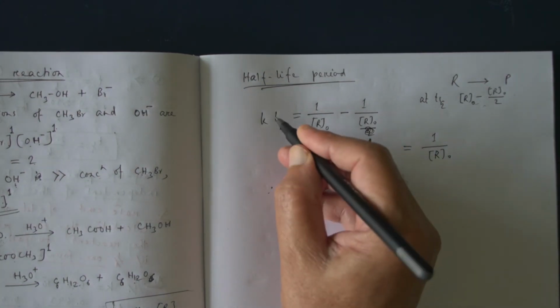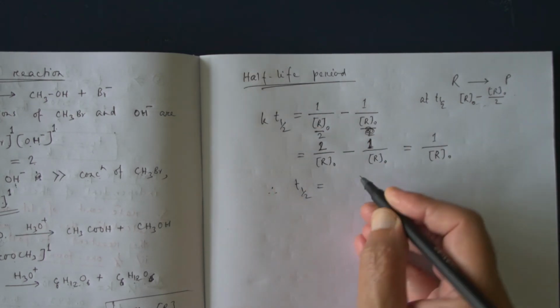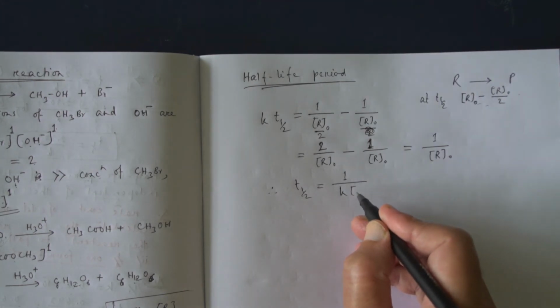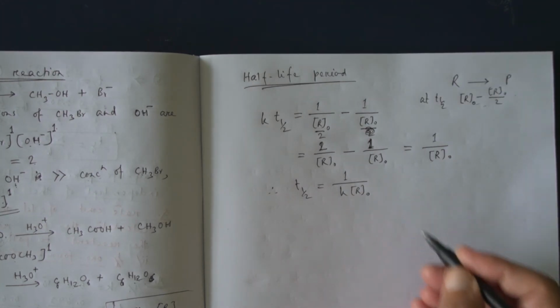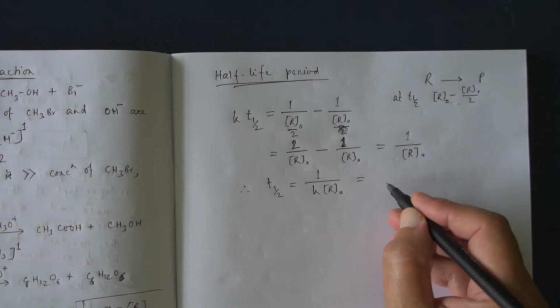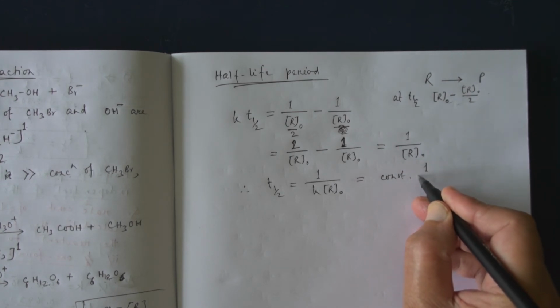Hence, T half becomes equal to 1 by K R naught. And K is constant, so I can write it as constant into 1 by R naught.